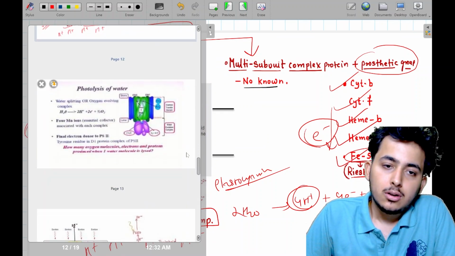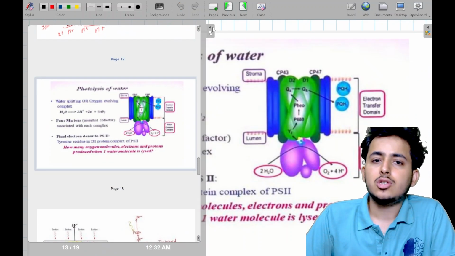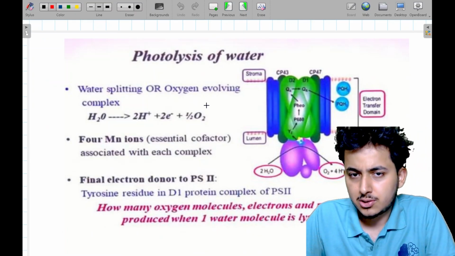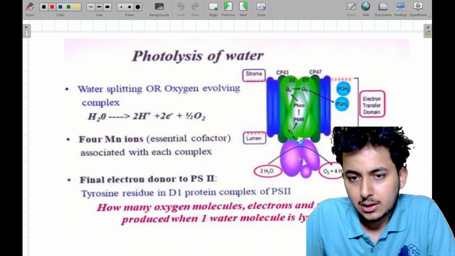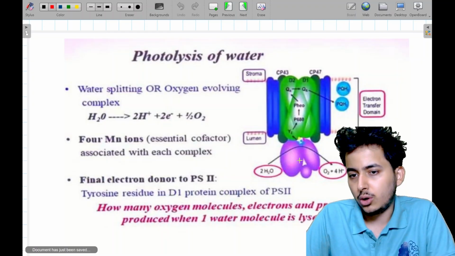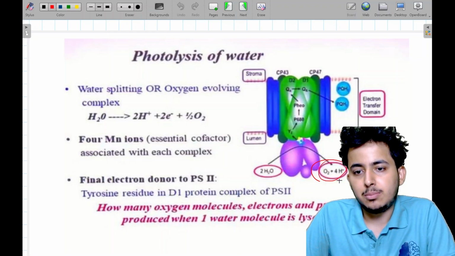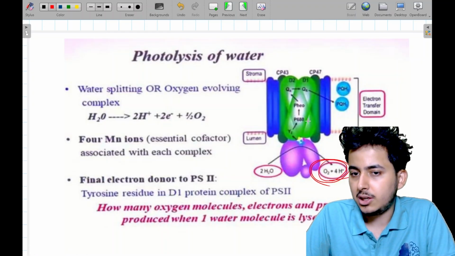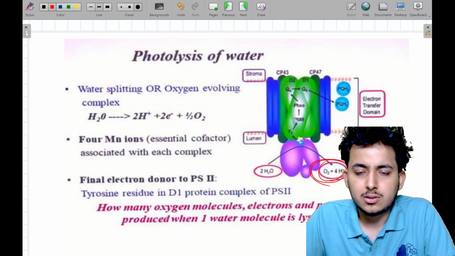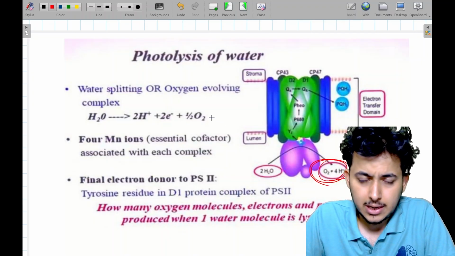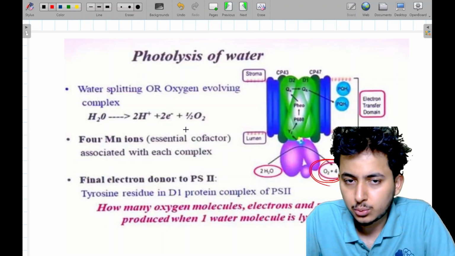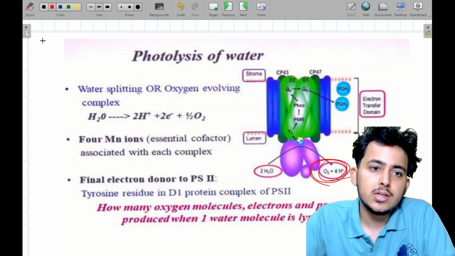Now this photolysis of water which I told you, water splitting or oxygen evolving complex, is the complex that is there. Here water is getting split into oxygen, protons and electrons. What is the need for the water to be split?